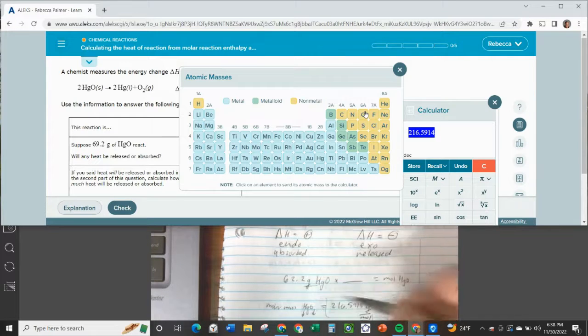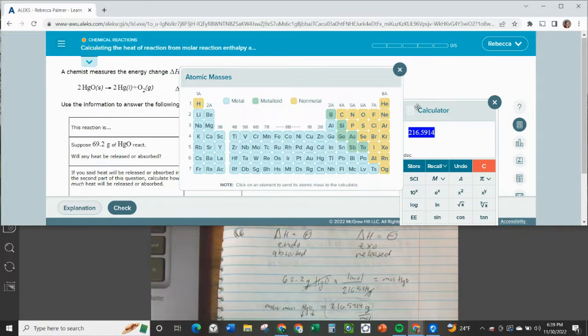This is in grams, so this part needs to go on the bottom. I'm going to be dividing by my molar mass, grams for 1 mole, and then I have moles of mercury. So let's do this. I think I can store that. I don't know how to do that, so let's try it. Okay, 62.2, 69.2 divided by, let's try this memory button.